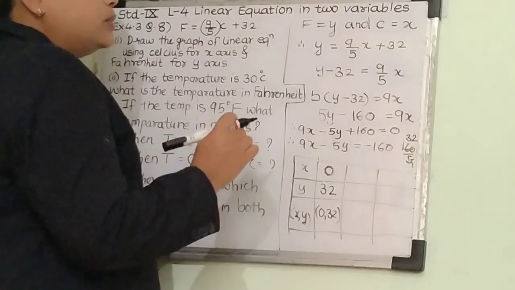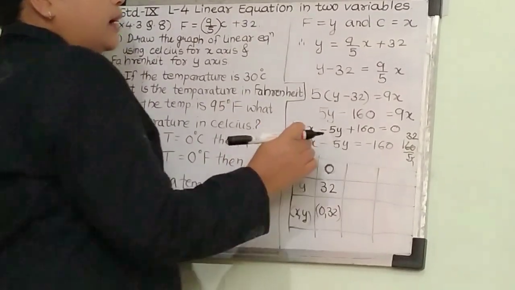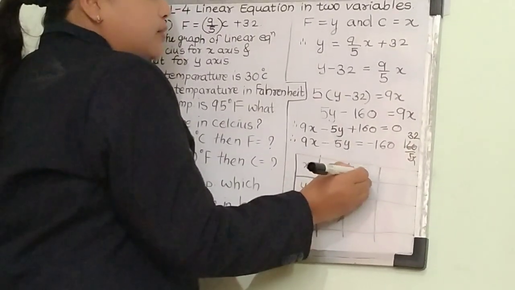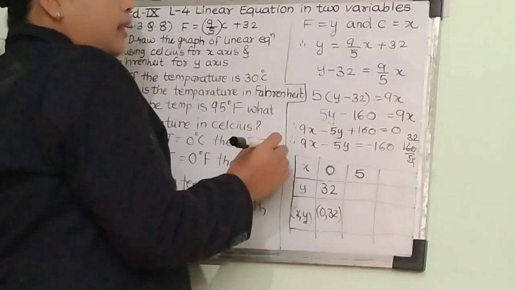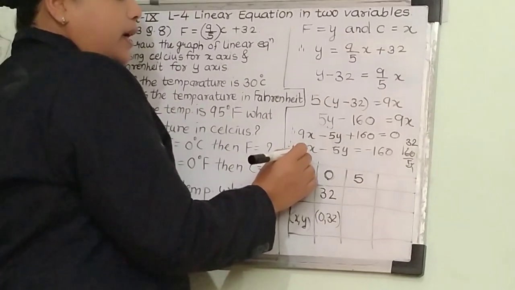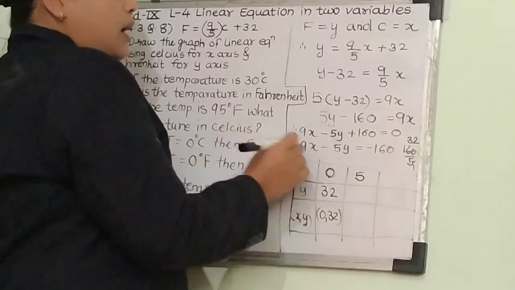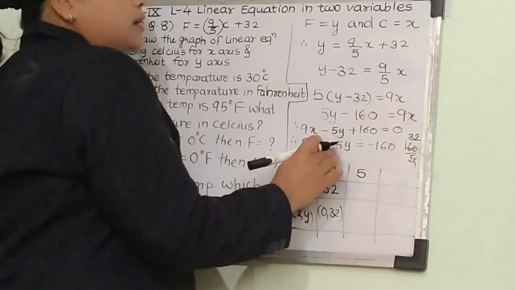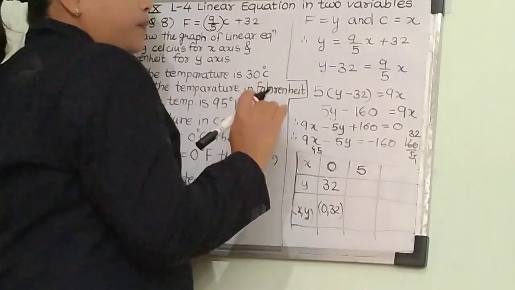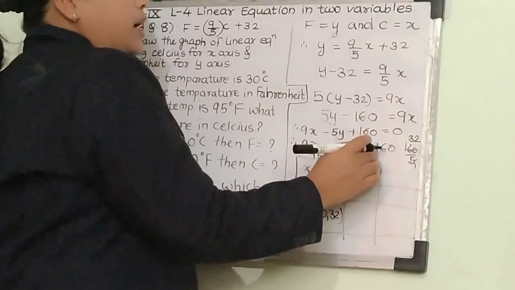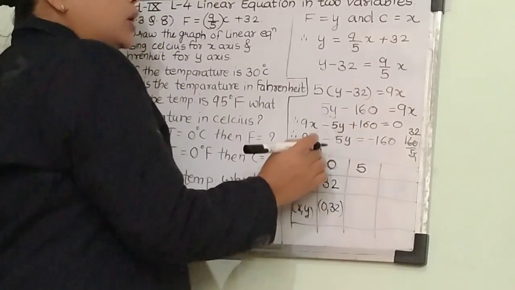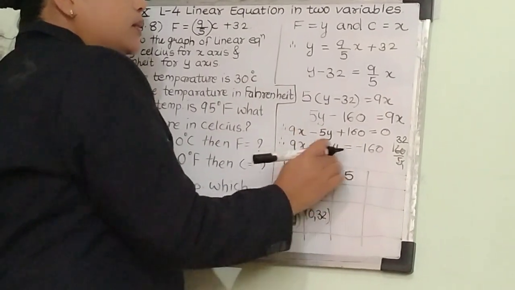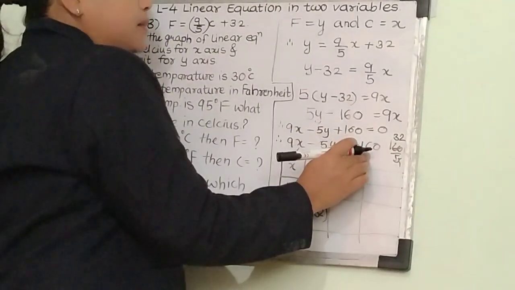Next, the second point: if I take x equals 5, then my equation becomes 9 into 5, that is 45, minus 5y equals minus 160. So 45 is positive here, when it goes to the other side it will be subtracted.